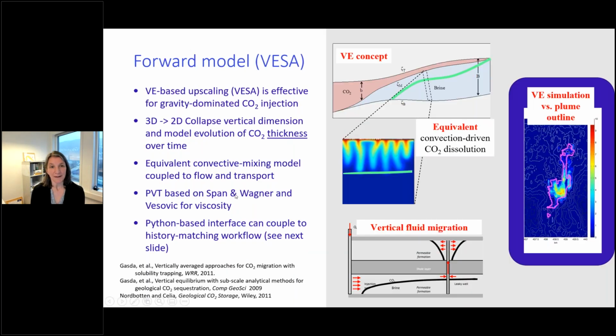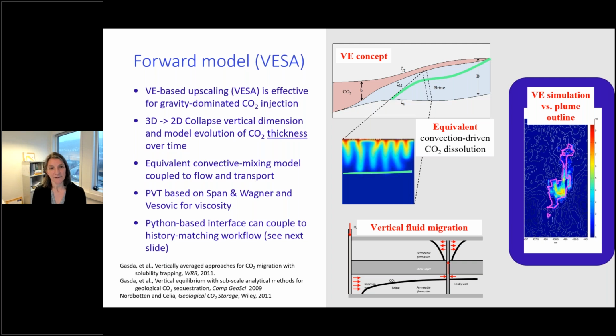So the forward model, and here I don't have nearly any time to go into any details, we selected a so-called vertical equilibrium model called VESA. That's an in-house tool we have here at Norse, but it is also a very well-studied approach to gravity-dominated CO2 injection. And here the idea is you collapse a 3D system into an equivalent 2D system, and what you're essentially modeling is evolution of CO2 thickness.